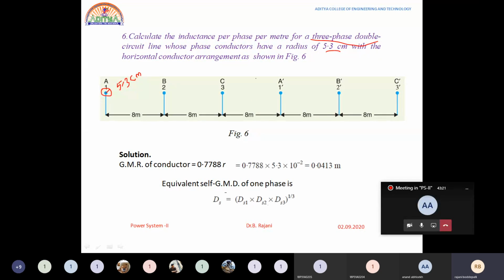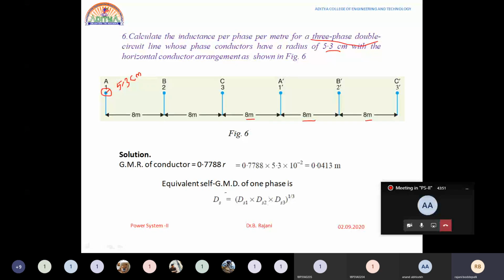If the diagram is not given in the question, and they give you a three-phase double circuit line with conductors equally distanced 8 meters apart, then you have to draw this diagram on your own. Here the diagram is given, and the distance between each and every conductor is uniformly 8 meters.